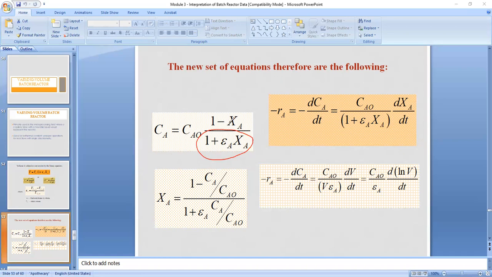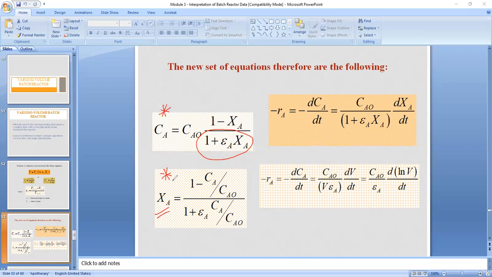I'm emphasizing it because there's no need for you to memorize this particular formula, because it just came from this. But if you intend to, so that you will not have to derive it from this equation, then do so. So this is now your new formula for the concentration of reactant A after some time, and this is your new formula for the degree of conversion.